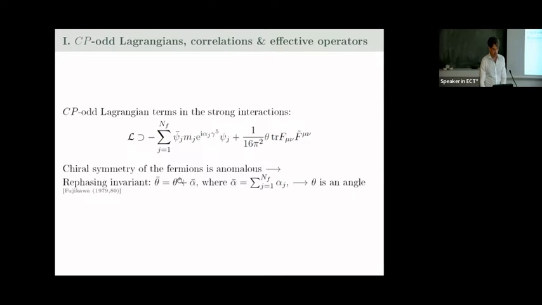If we do chiral transformations on these fermion fields, this theta bar is non-zero, and theta bar is CP odd. So it's a necessary condition for CP violation, but it's not a sufficient condition for CP violation. What you also see is that since theta is connected to alpha via the chiral anomaly, it is mandatory that theta behaves like an angle.